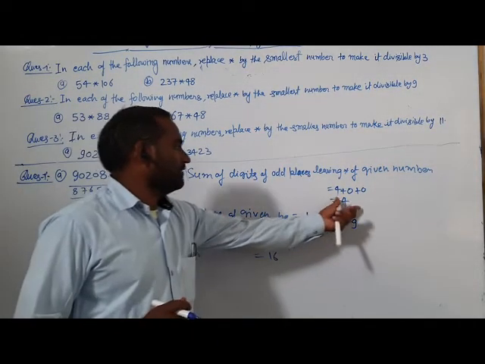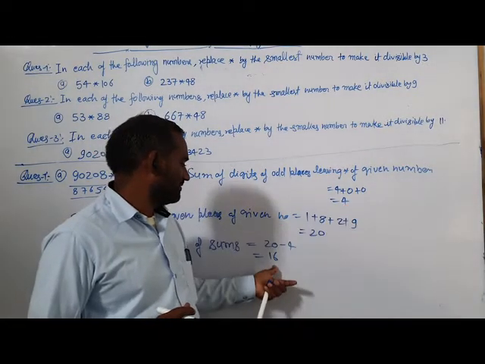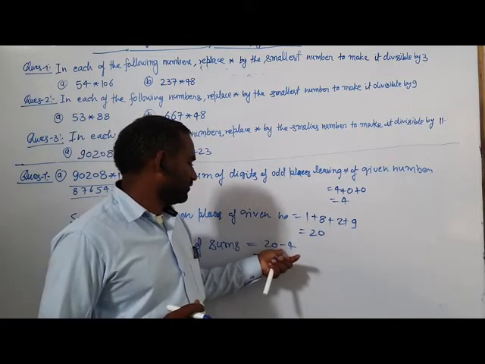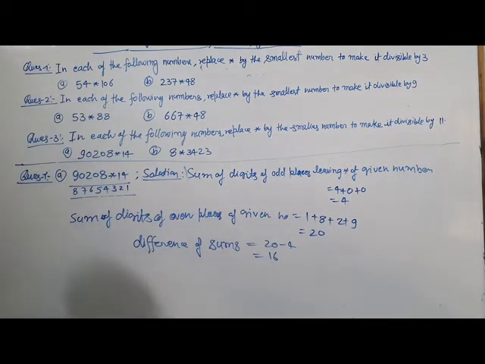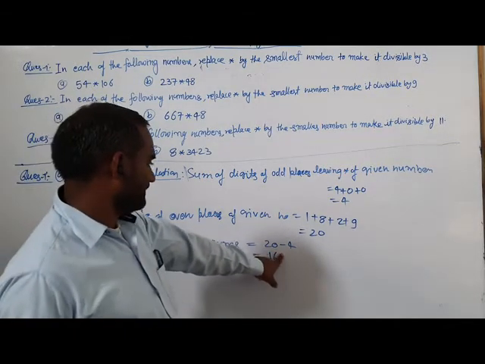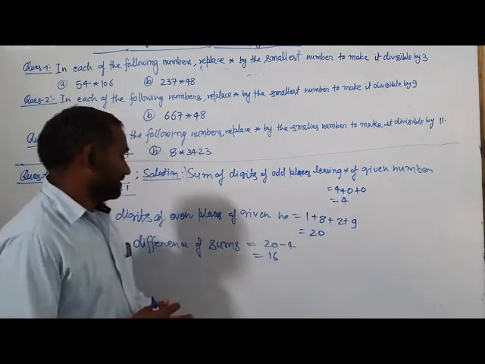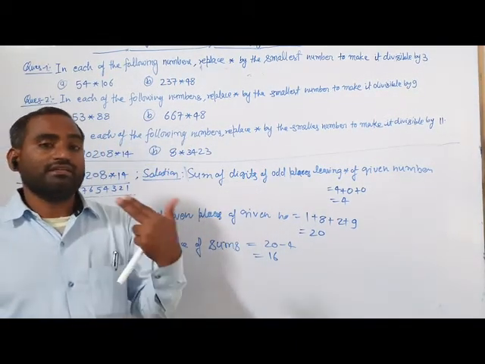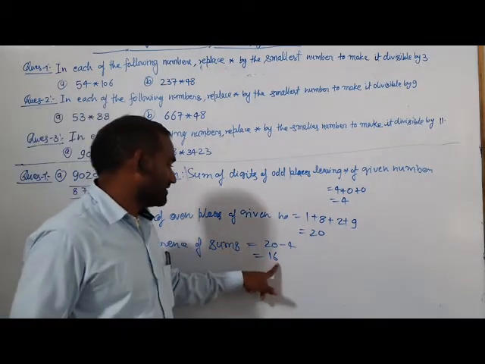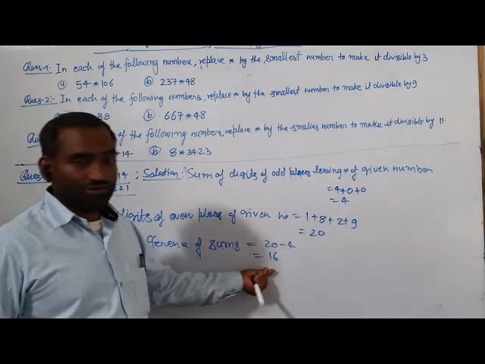So it should be 0 or a multiple of 11, but 16 is neither 0 nor a multiple of 11.